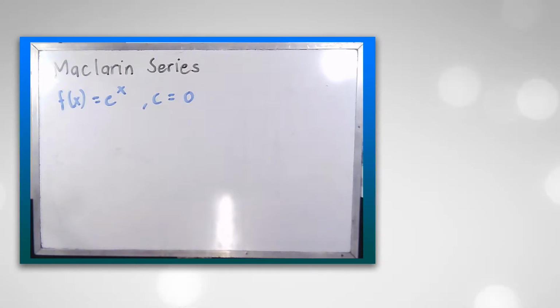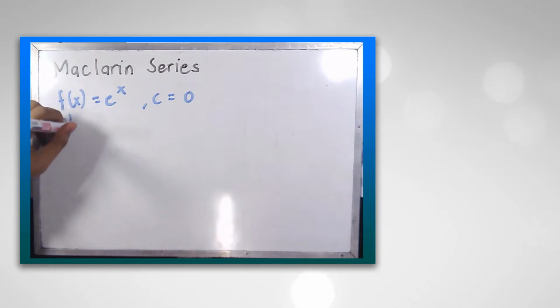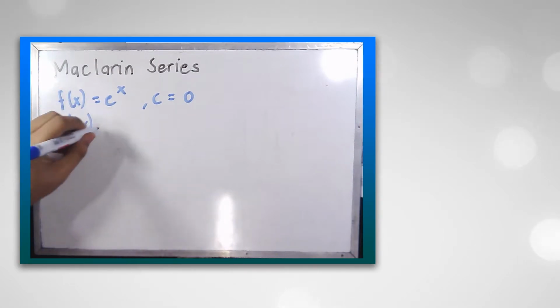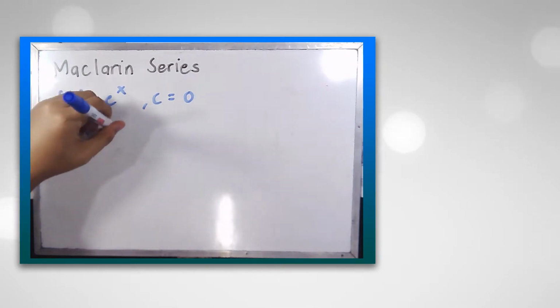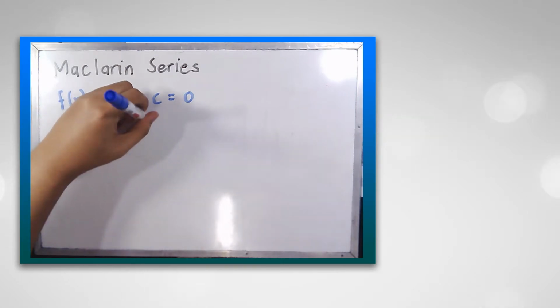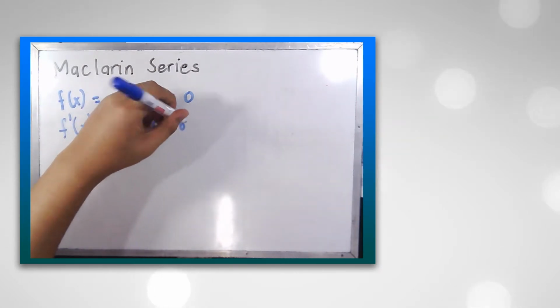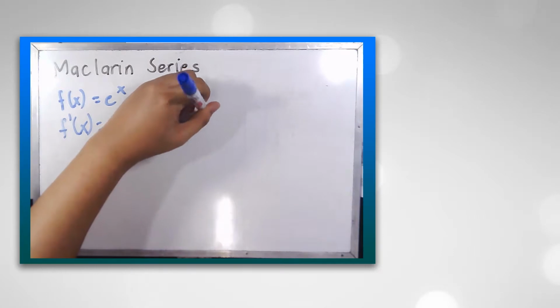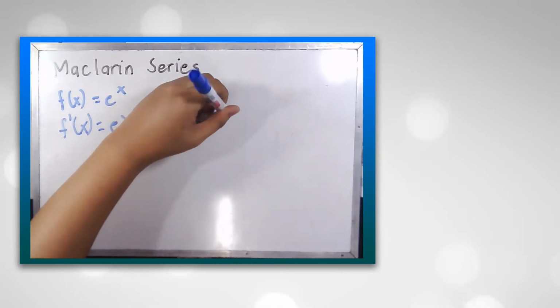We're going to use f of x equals e raised to x as our example, and it is centered at 0. We're going to get the f prime of x, which is still e to the x, even up to the fourth derivative of x.